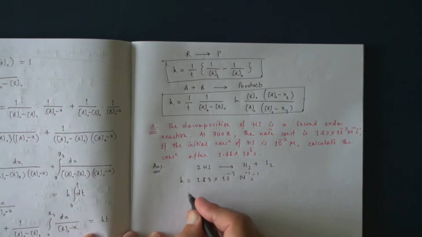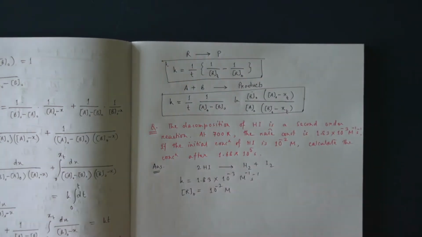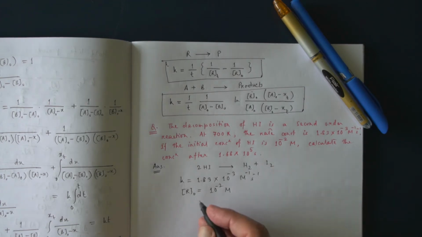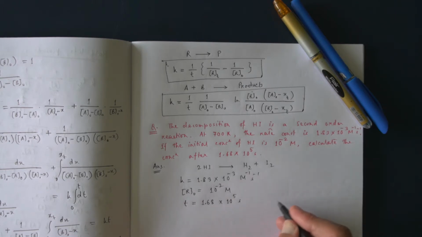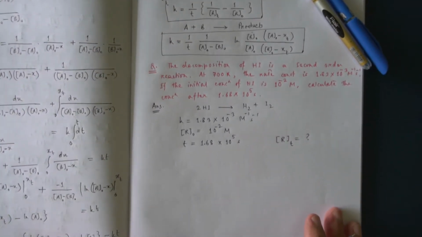Then initial concentration is given, 10 to the power minus 2 molar. Now you have been asked to calculate, at time equal to 1.68 into 10 to the power 5 second, what will be the concentration of the reactant?